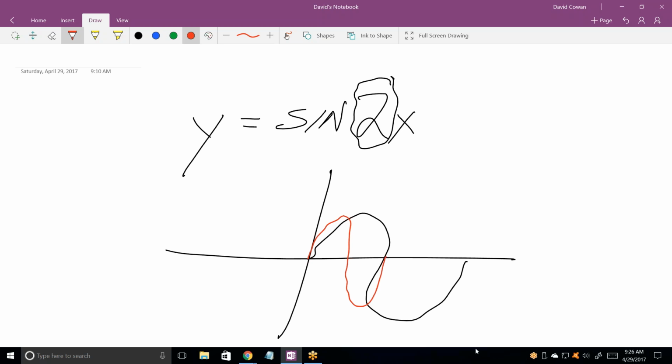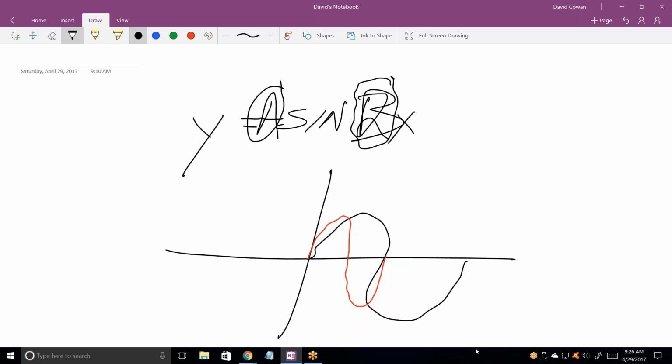So what I'm really saying is that these have opposite effects. If I have an A there and a B there, if A is greater than 1, it acts as a stretch. If B is greater than 1, it acts as a shrink, opposite. Just because of how multiplying the x by 2 is different than multiplying the y by 2? Yep.